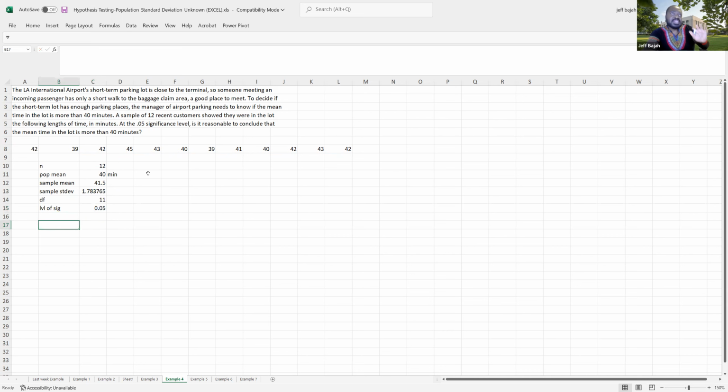All right. So now let's start with the first step. Remember, the first step is to state H sub O and H sub A. But you can see it says more than 40 minutes. Since this tells us clearly more than 40 minutes, that's easy. We know that H sub A is where more than goes. So we'll say population mean is more than 40 minutes.